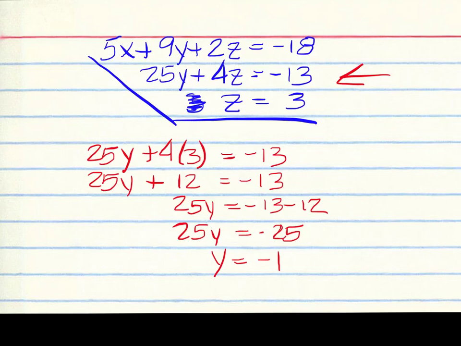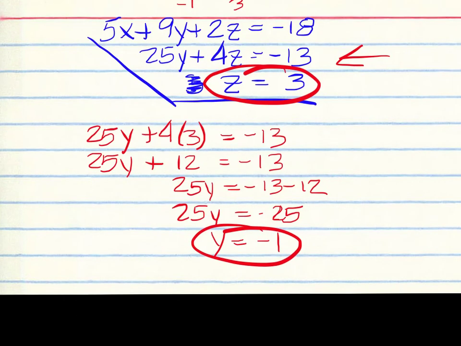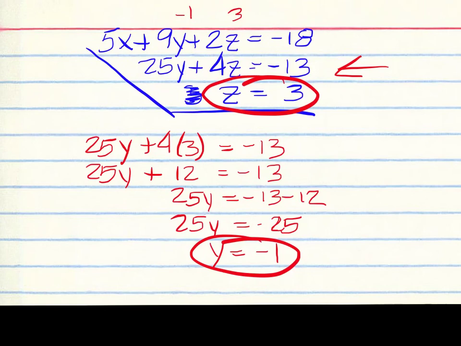So we have negative 1 for y, 3 for z, and we're going to plug in a negative 1 here and a 3 here. And when you do that, I don't know if I have enough room for this or not, but we can start it at the bottom. You'll have a 5x minus 9 plus 6 equals negative 18 from plugging in up here.